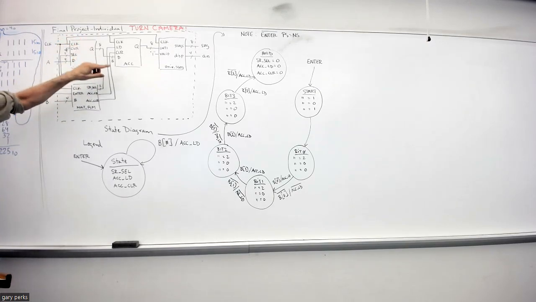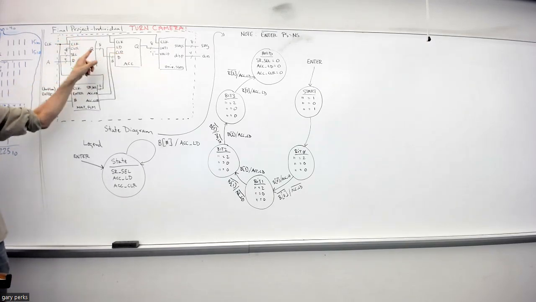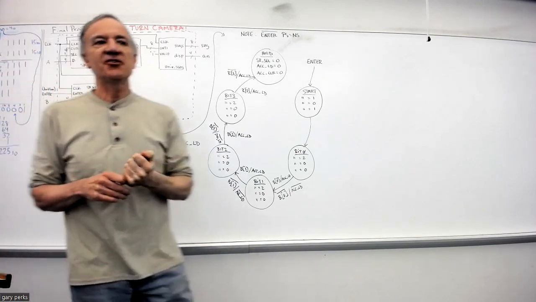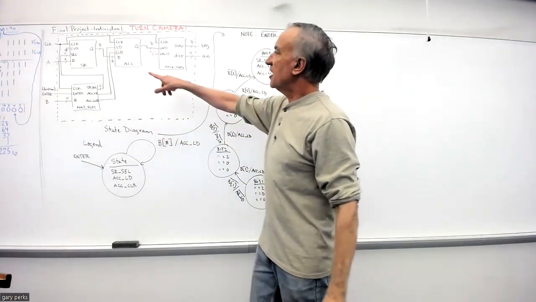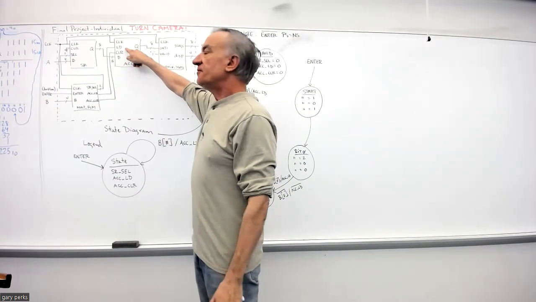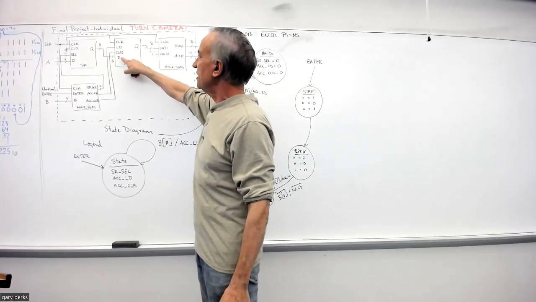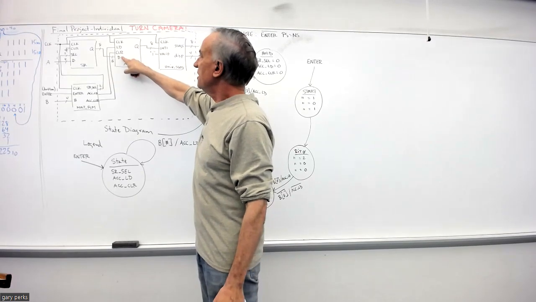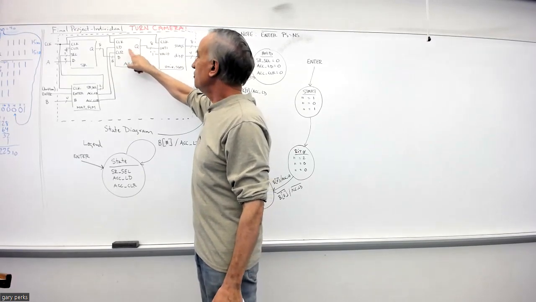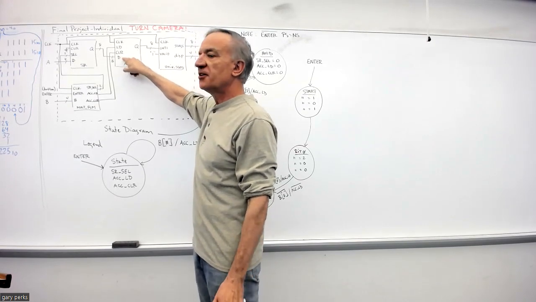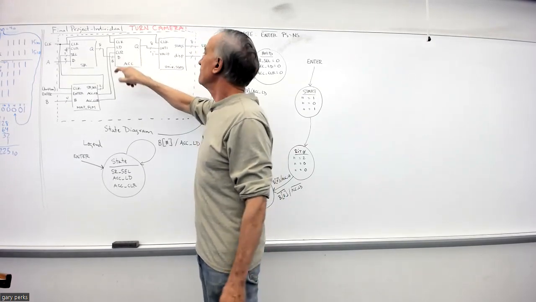Then the output of the shift register goes to the accumulator. See, the Q output of the shift register goes to the D input of the accumulator. Okay, that we just talked about earlier. And remember, if you're loading the accumulator, that just means Q is going to equal its previous value plus whatever the D input is, right?